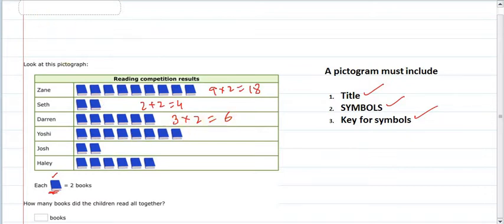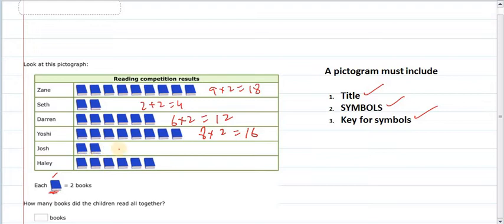For the next child, there are 1, 2, 3, 4, 5, 6 pictures, so it is 6 times 2. The total number is 12. For Yoshi, 1, 2, 3, 4, 5, 6, 7, 8 pictures. So 8 times 2, the total is 16.